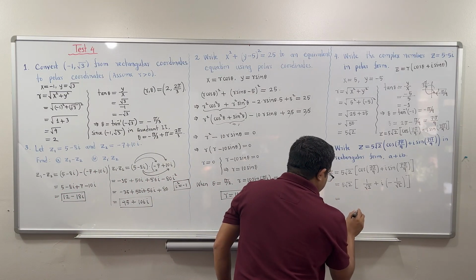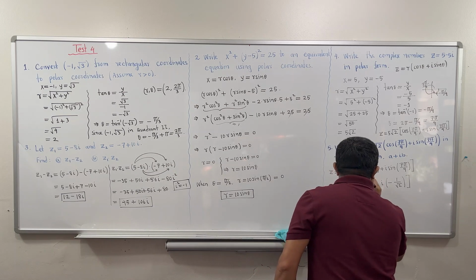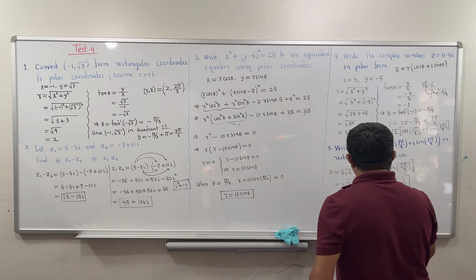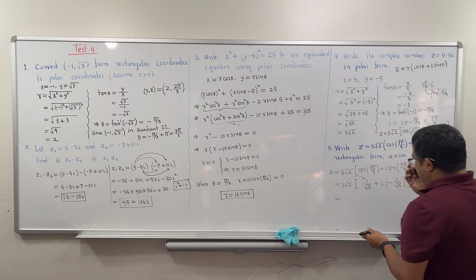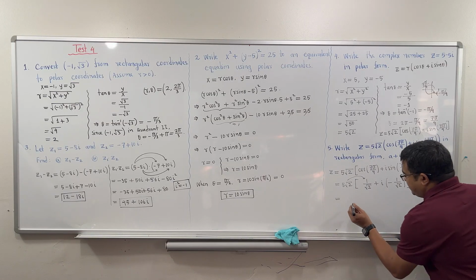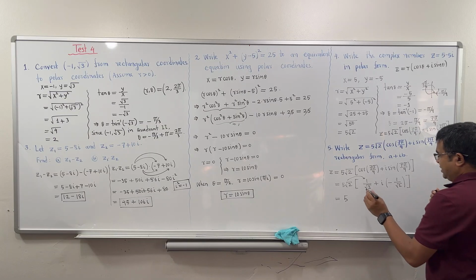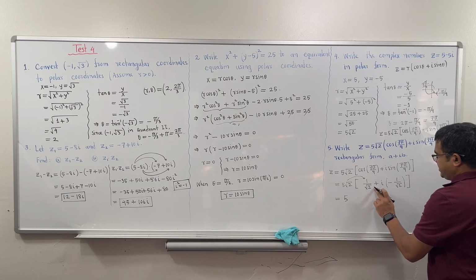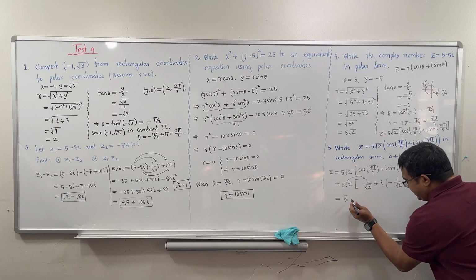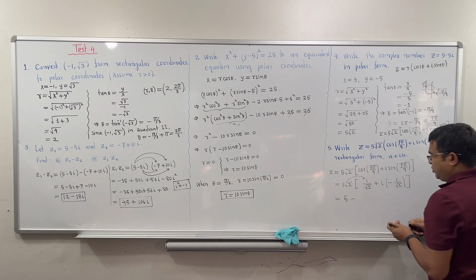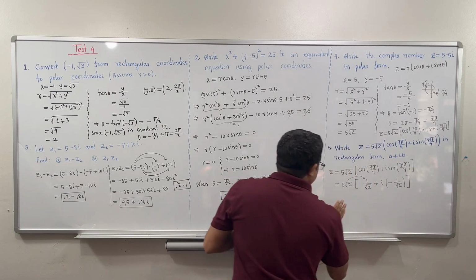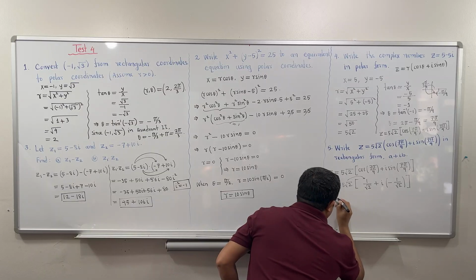So now if you multiply these two numbers, that square root of 2 and that square root of 2 will cancel and we will have only 5. And here we have minus and plus. So if you multiply, it will be minus. Okay, I'm writing one more line.